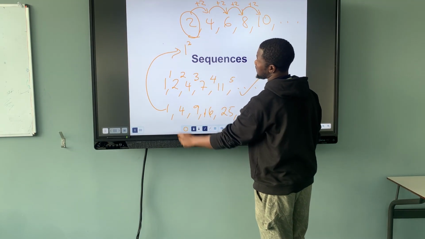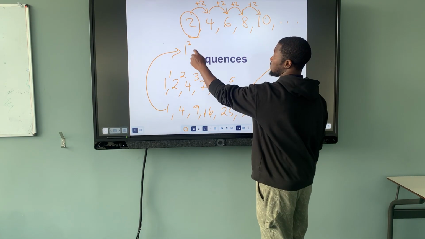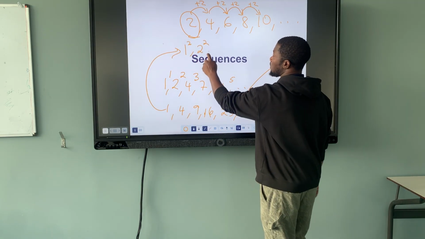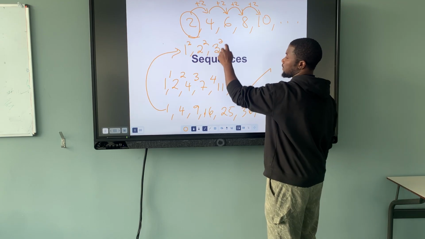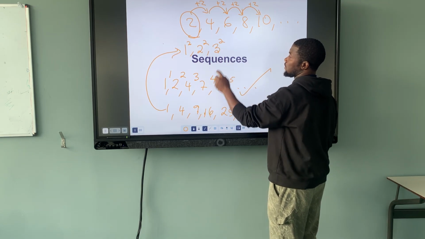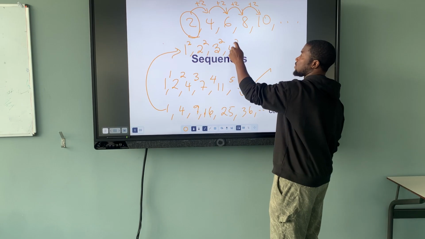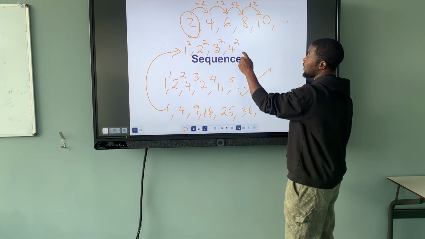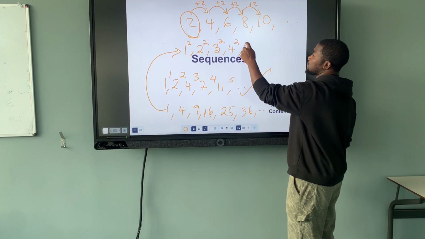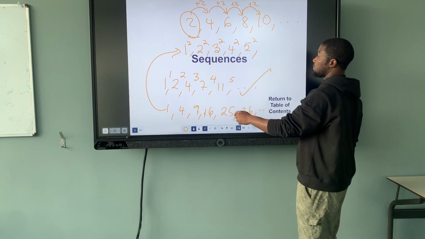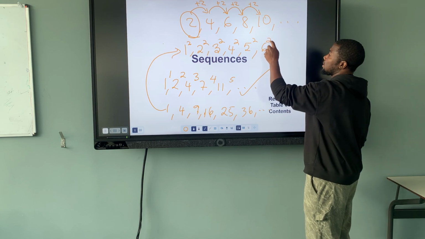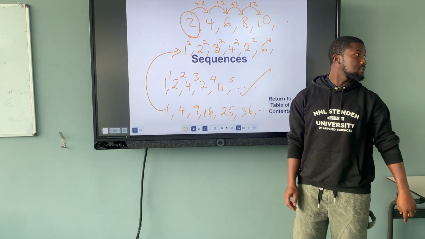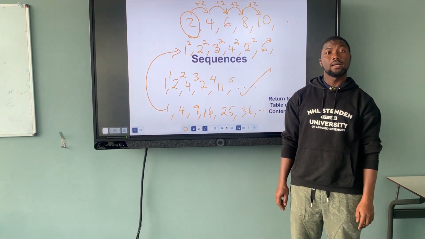That's 1 times 1, and that gives you 1. The next one is 2 squared. 2 times 2 gives you 4. The next one is 3 squared. 3 times 3 gives you 9. Next one is 4 squared. 4 times 4 gives you 16. The next one is 5 squared. 5 times 5 gives you 25. Next to that you have 6 squared, which gives you 36. So this sequence is referring to the square numbers.